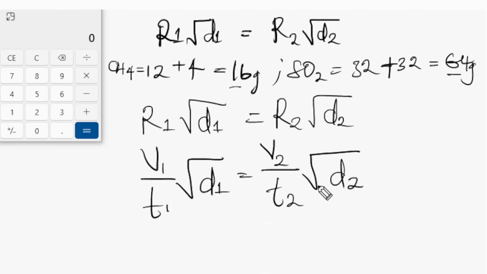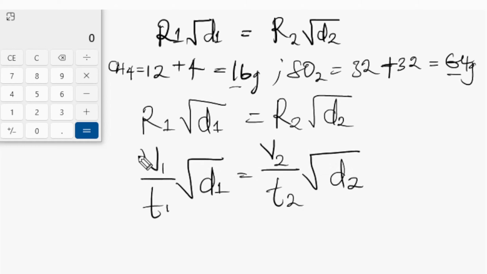And remember, we are looking for our T2. So from the question, we have that V1 will be equal to V2, since the question says a volume of methane diffuses in 20 seconds, how long will it take the same volume of sulfur dioxide?